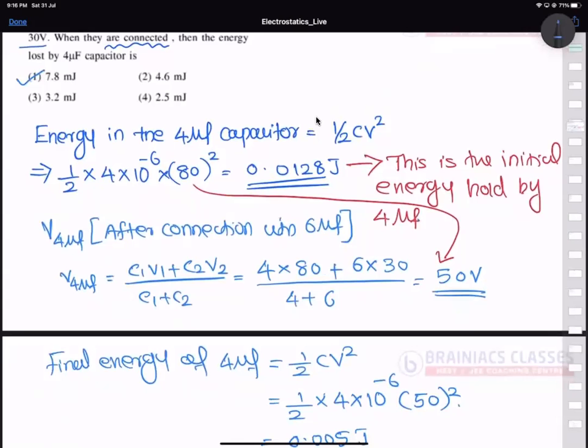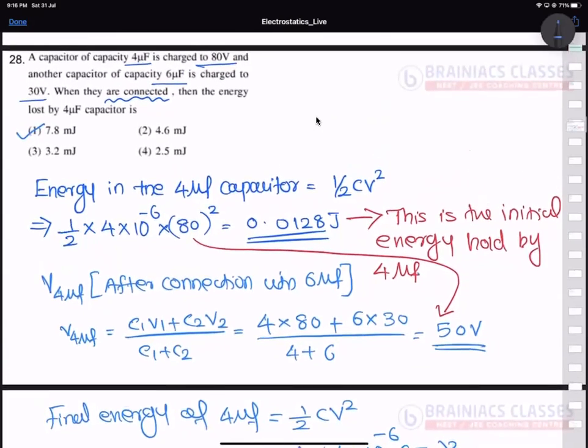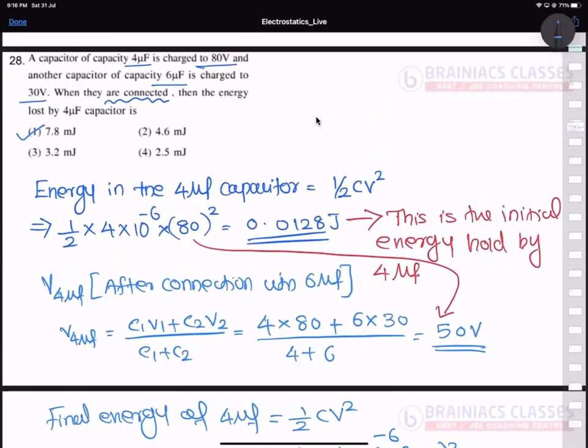Is this clear? Okay. So as a summary, what is included in the question? First, the question is speaking about a 4 microfarad capacitor, which is connected with 80 volt.